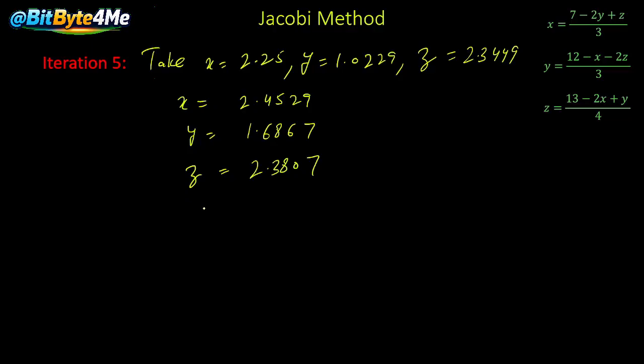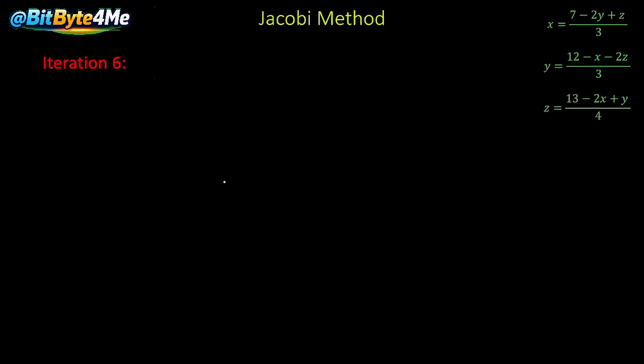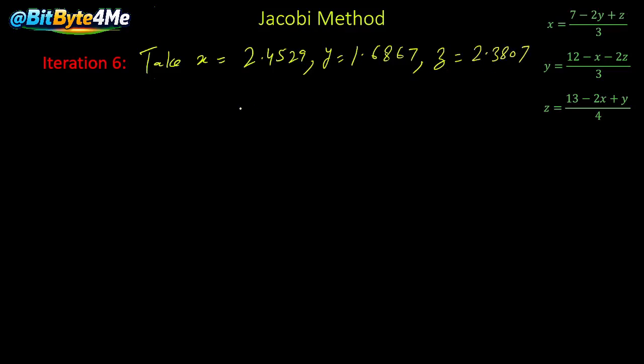Now use these values for the next iteration, that is iteration number 6, and take x is equal to 2.4529, y is equal to 1.6867, and z is equal to 2.3807. So put these values in this first equation, you will get a value of x as 2.0024.